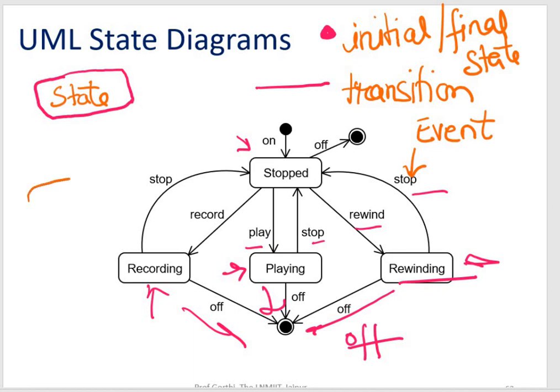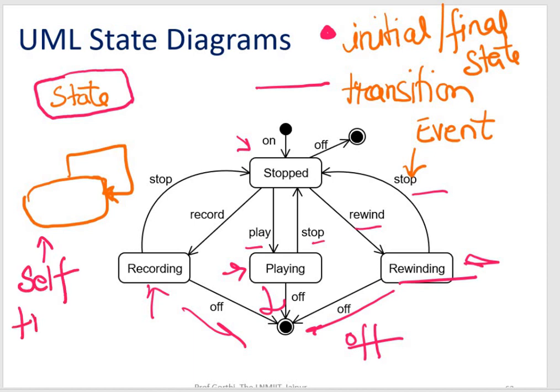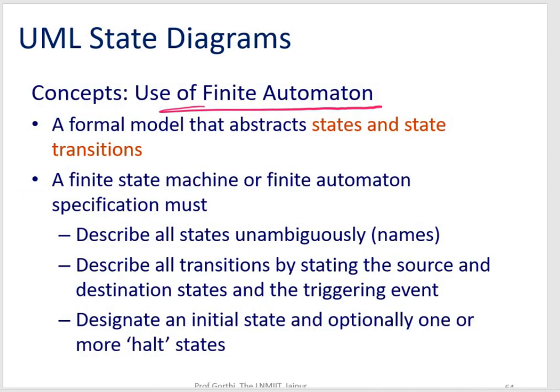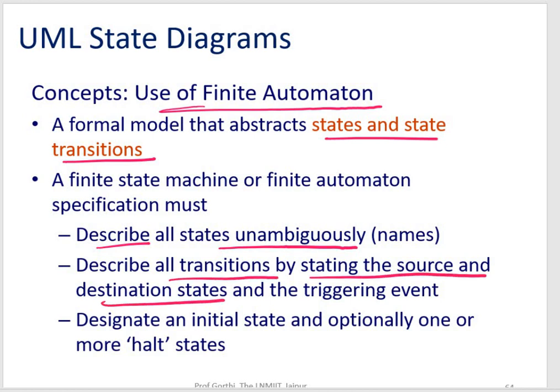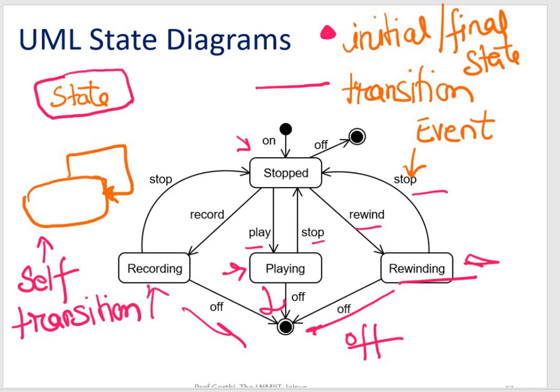The rectangular boxes with a circular end are the states. And if I see any state with a self arrow, this is called your self transition.